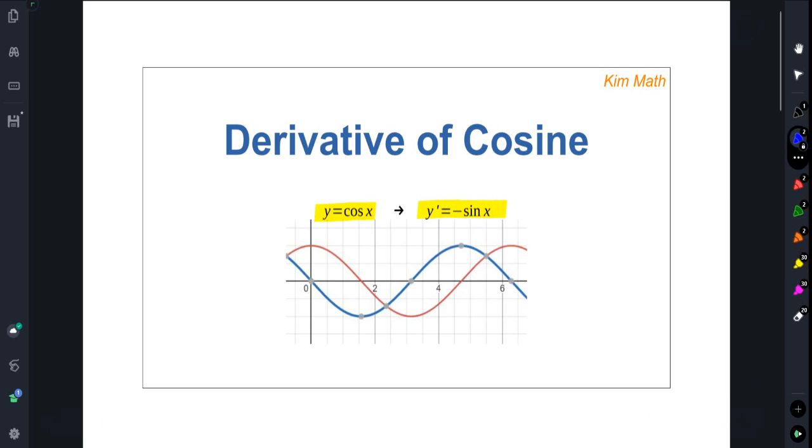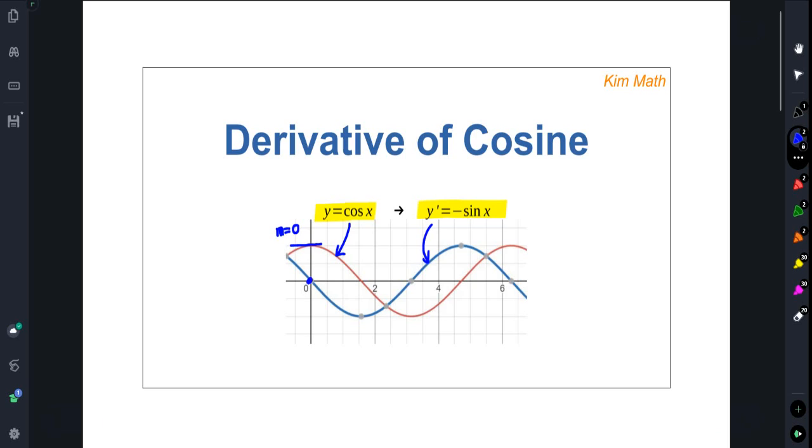In this picture, this is the cosine graph, and this is a negative sine graph. So in cosine, for example, at here, the slope of the tangent line equals 0, and that is just the y value of negative sine of x, right?